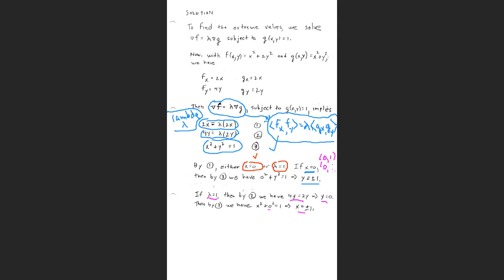So now we have 1, 0 and negative 1, 0. Those 4 points are where this function has extreme values, subject to the constraint being satisfied.